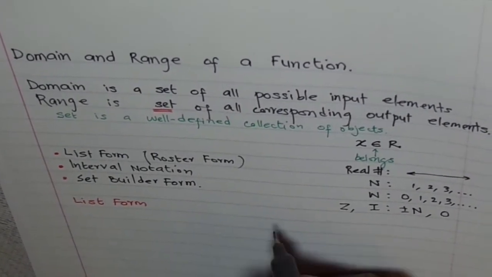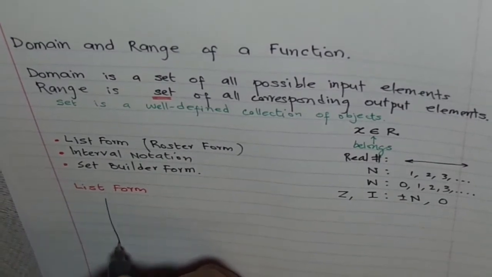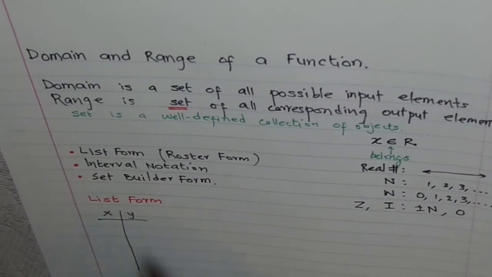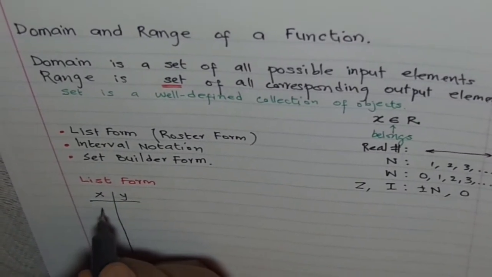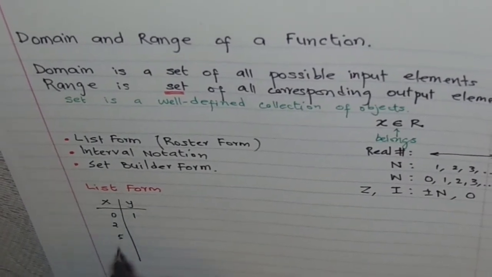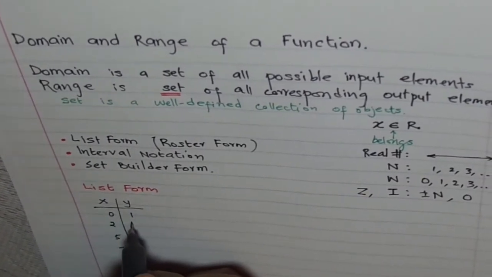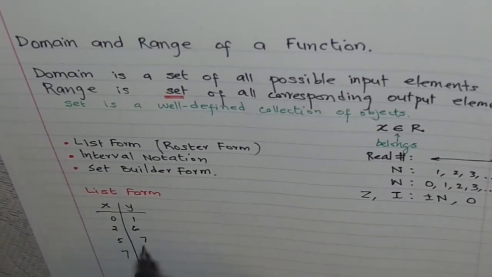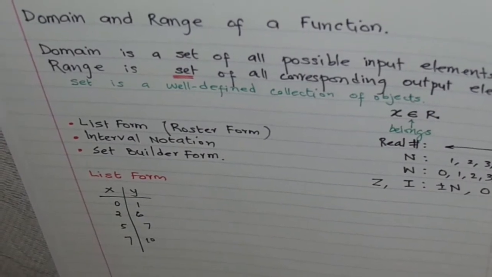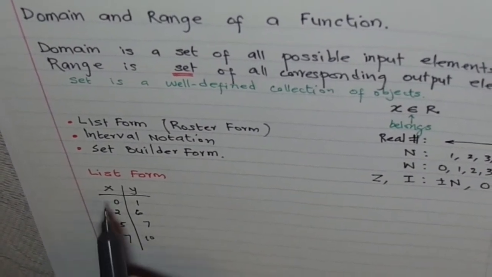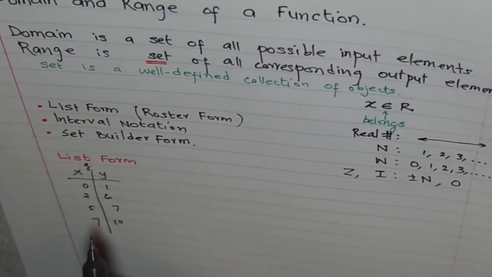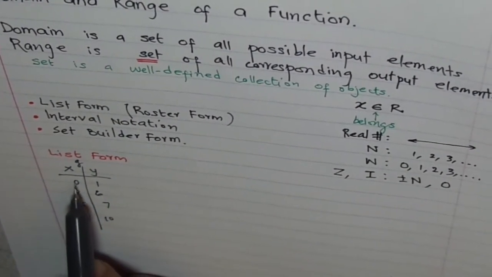For example, let's say we have this table where some x values are given and some y values are given, and let's say the x values are 0, 1, 2, 5, 7, and for 2, let's say the value is 6, and for 5 it is 7, for 9 it is 10. Let us say this table is defined by a function g.